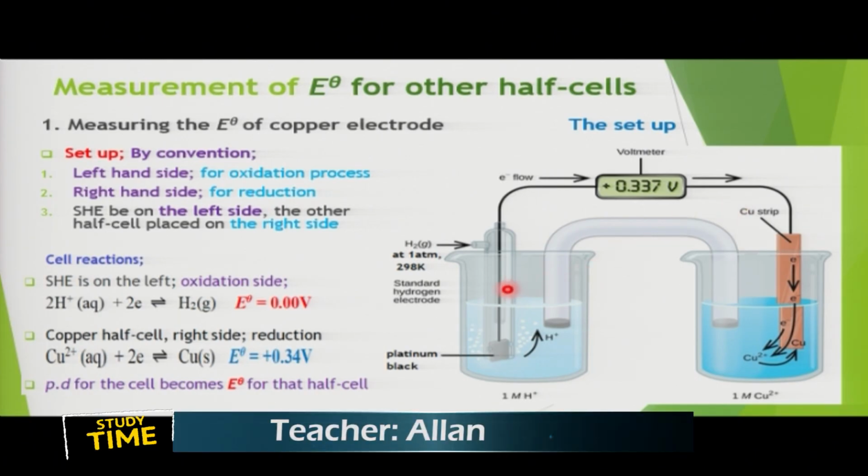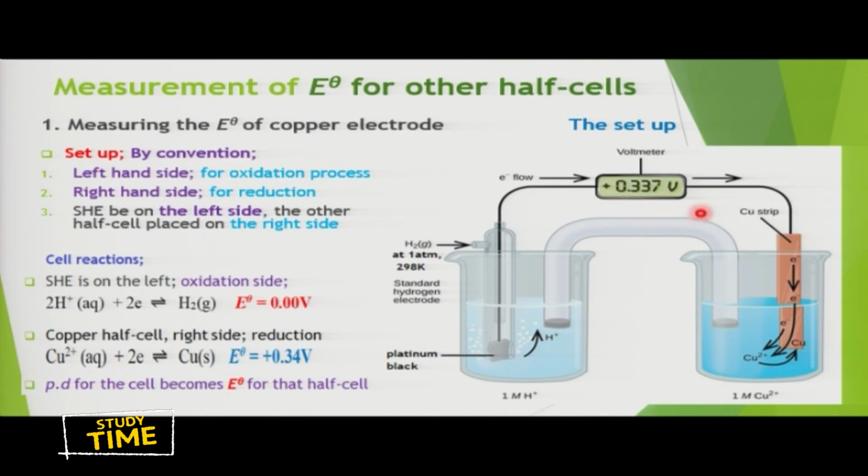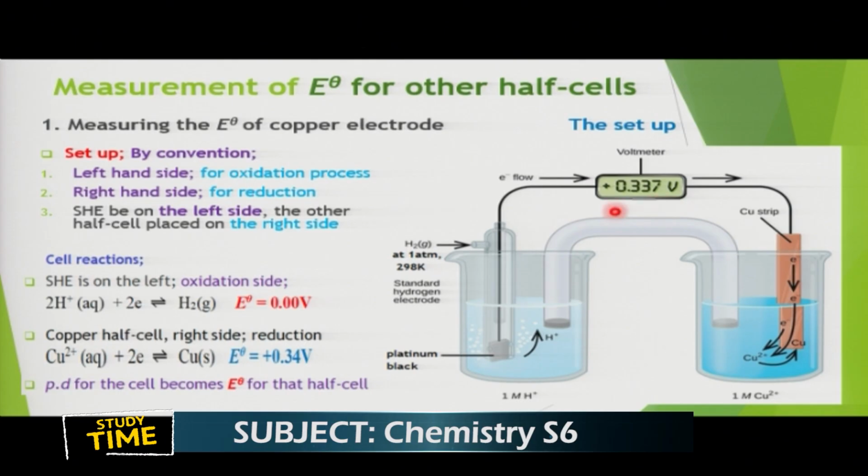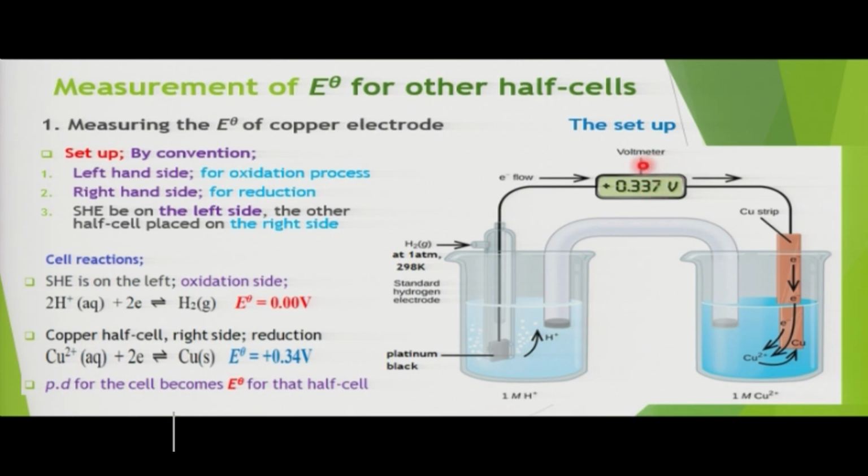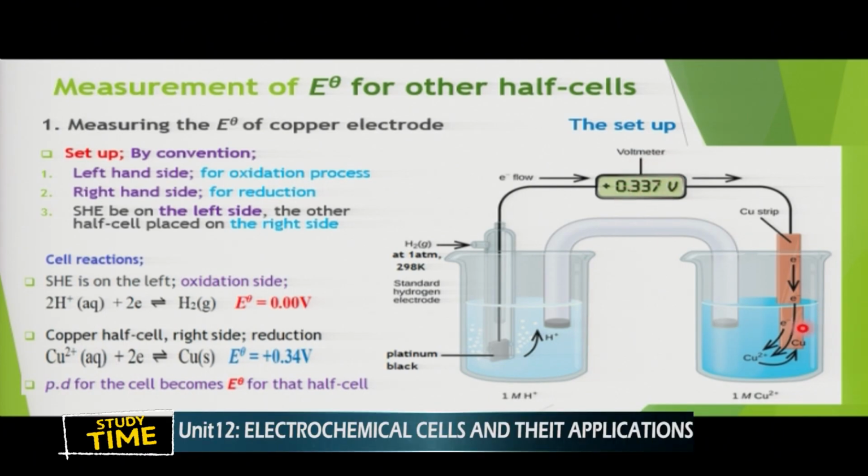In this case, this is the SHE and this is the copper. So the potential difference that would be set will be for that half cell, since we know that the SHE has a 0 value. So if we get anything above, then that value belongs to that half cell.